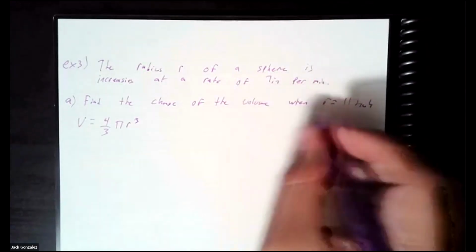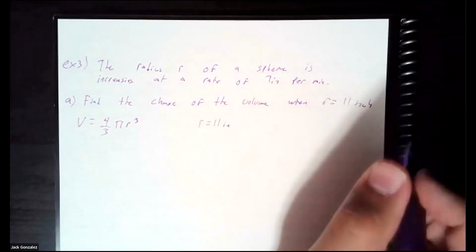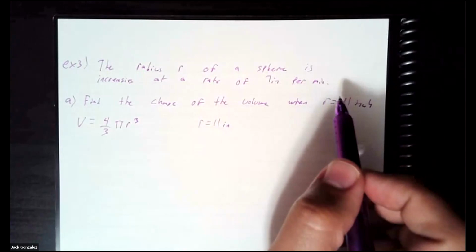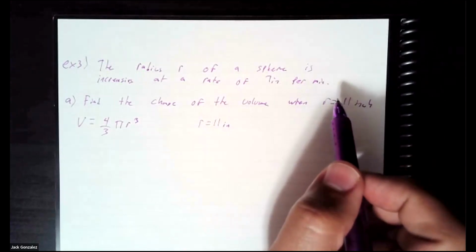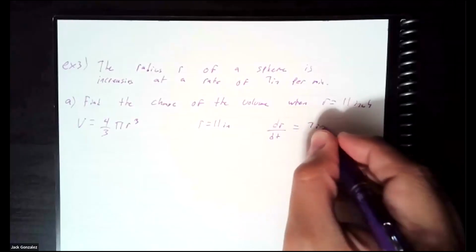R is 11. Okay, cool. Which rate did they give me? The rate of 7 inches a minute. What's increasing? The radius. So how will we write it? You'd write it as dr over dt equals 7 inches per minute.